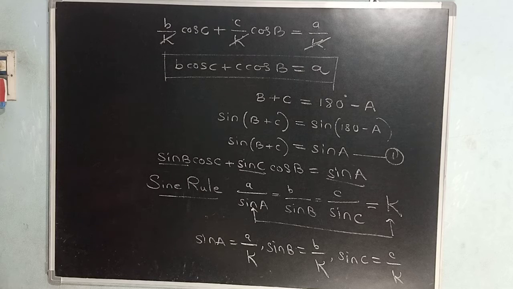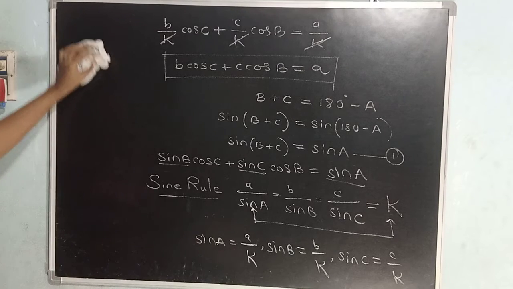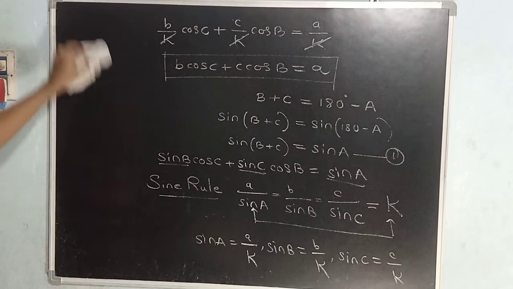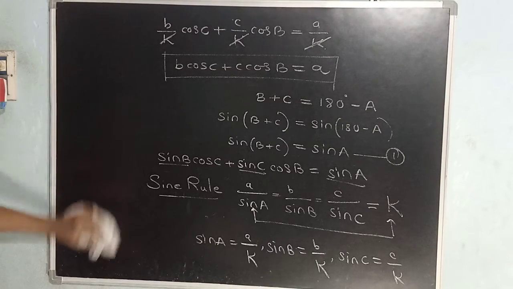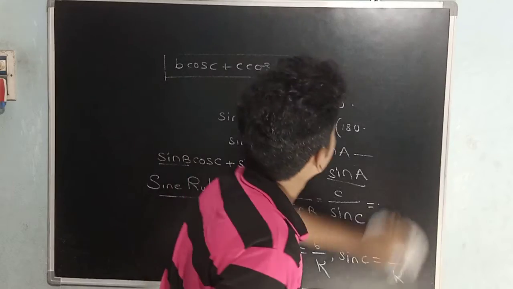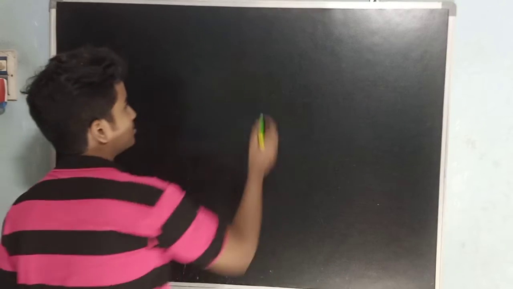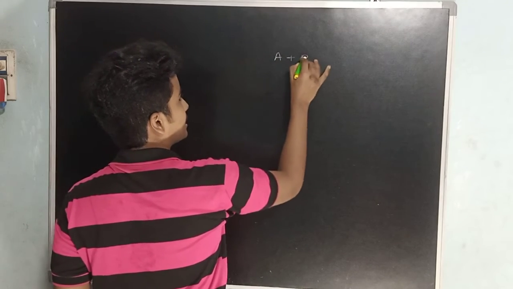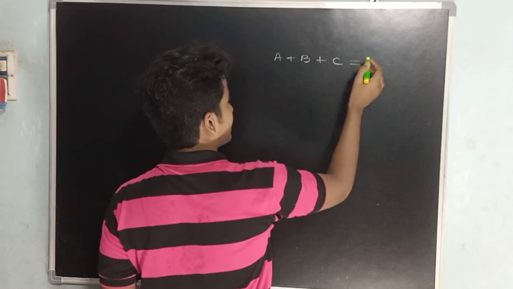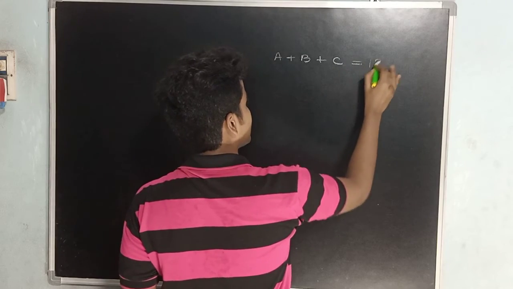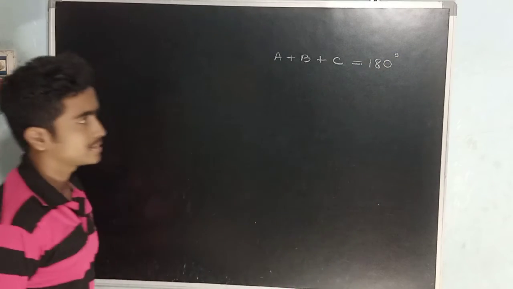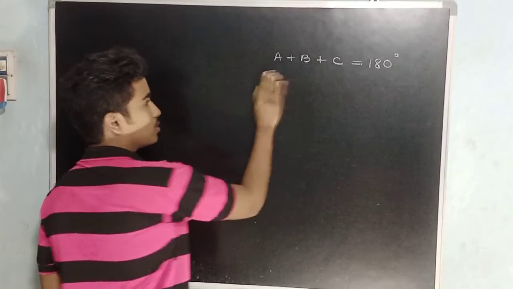Similarly, angle sum property: the sum of angles in a triangle is 180 degrees.